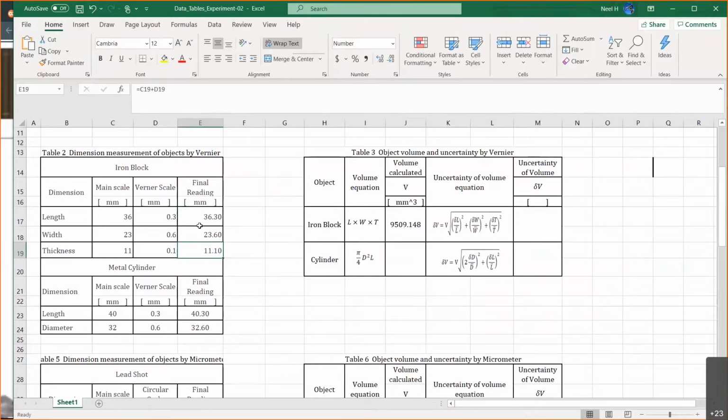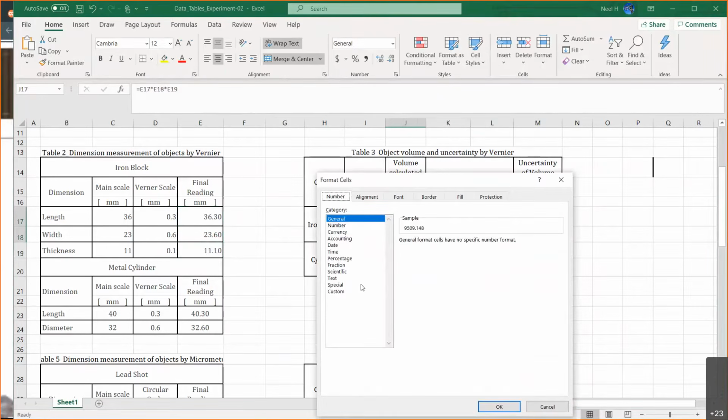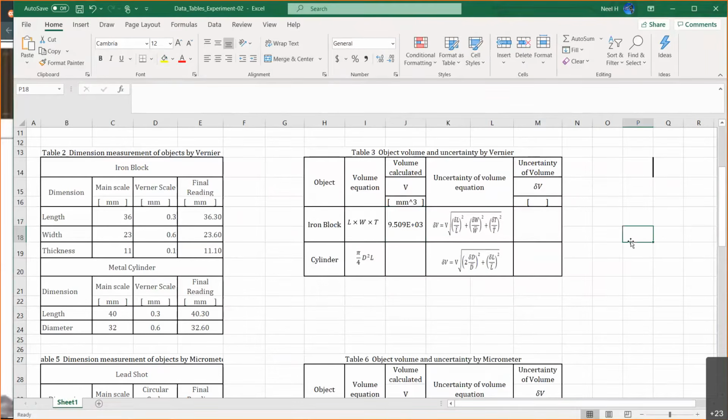All of these have 4 sig figs, which means technically I can leave 4 sig figs here. Right click, format cells, scientific notation, 4 sig figs, one number and 3 decimal places. Then totally 4 sig figs. If it is a larger number, that's how you should leave your calculated value.